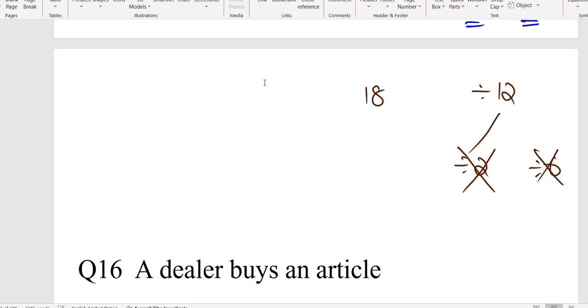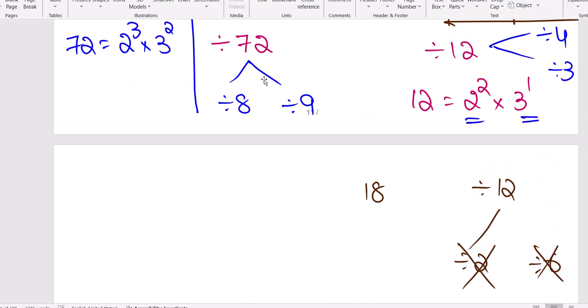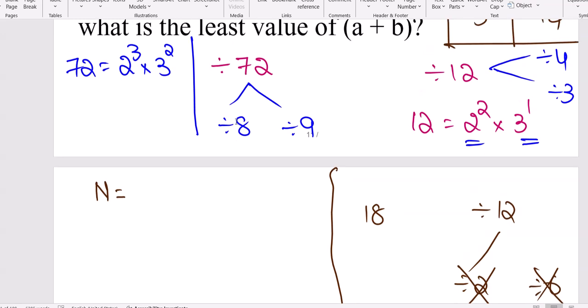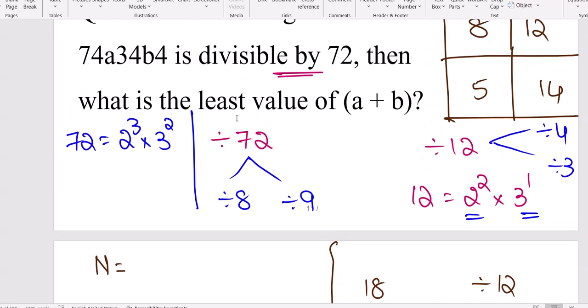Then, okay, divisible by 9, we have to check, right? Now, what is the divisibility by 8 rule or divisibility by 9 rule? First, the divisibility by 9 rule: the sum of digits must be divisible by 9. What is the given number? 7, 4, A, 3, 4, B, 4.